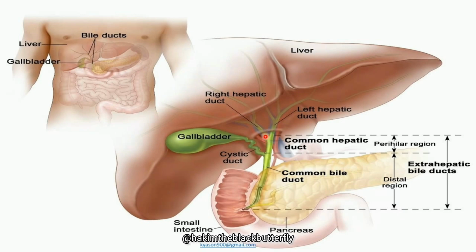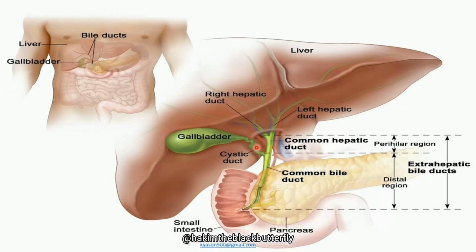They are going to join at the hilum, as you can see, to form the common hepatic duct. A duct that's going to run downwards and later be joined by the cystic duct to form the common bile duct that will later fuse with the pancreatic duct in most of the cases to form the hepatoduodenal ampulla, which will pierce the second part of the duodenum.